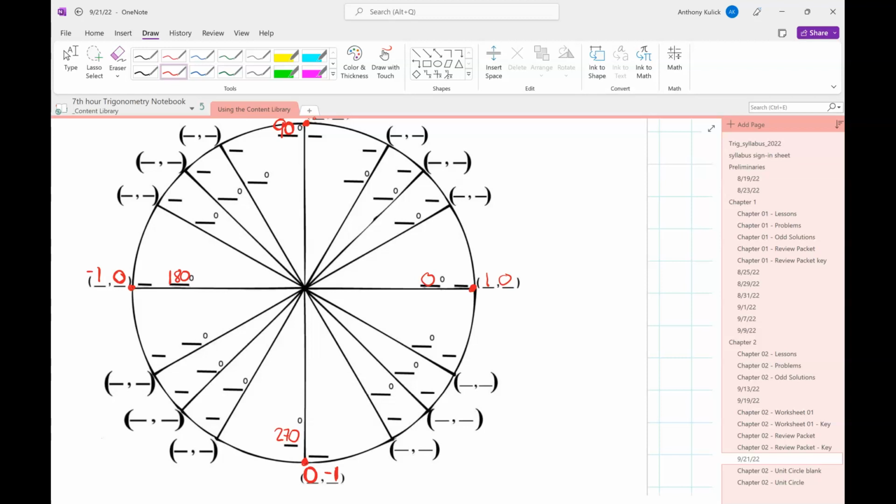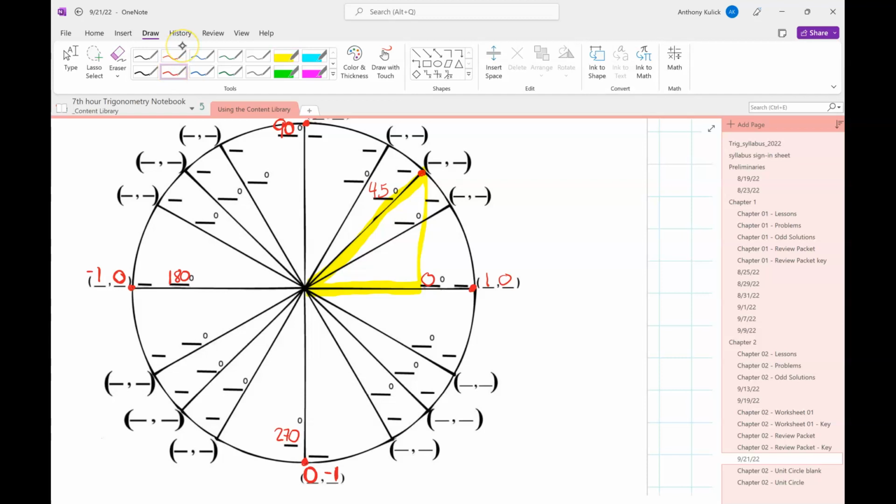Let's do the 45, 45, 90 reference triangles. So I'm going to draw in all the angles that make a 45, 45, 90 reference triangle. Like that's the 45, 45, 90 triangle I'm talking about right there. Everybody's okay with that?